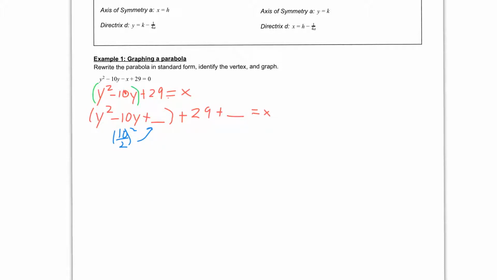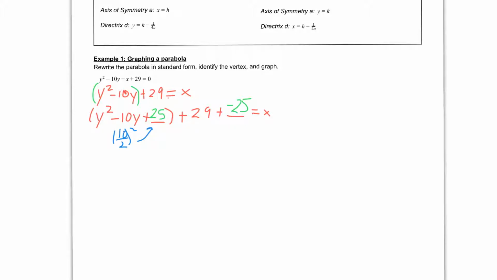So 25 is going to be the number that goes in my spot here. And if I added 25 here, I need to add nothing to this side. I need to add 0. So to make 0, 25 and negative 25 will be 0. So I'm going to add negative 25 on the same side to get a total of 0.